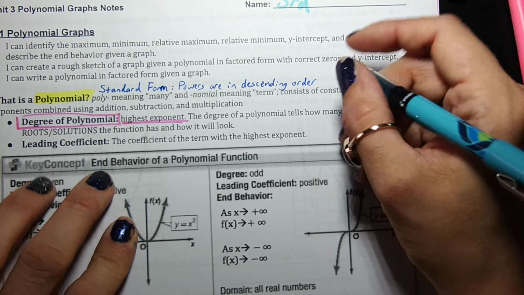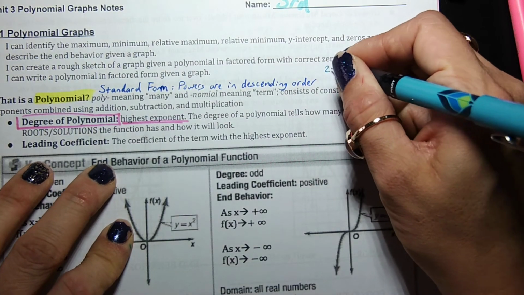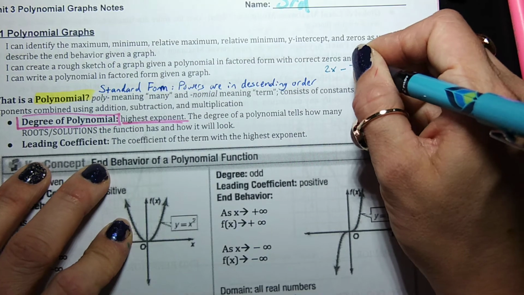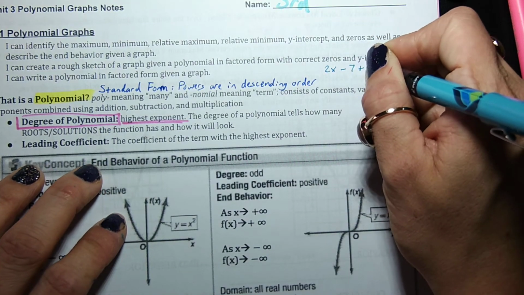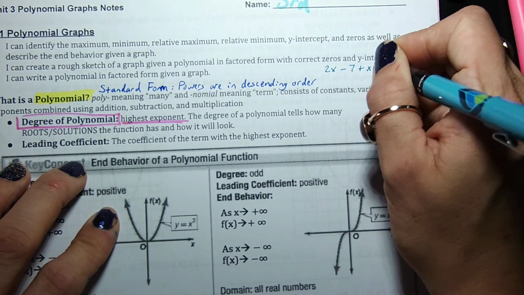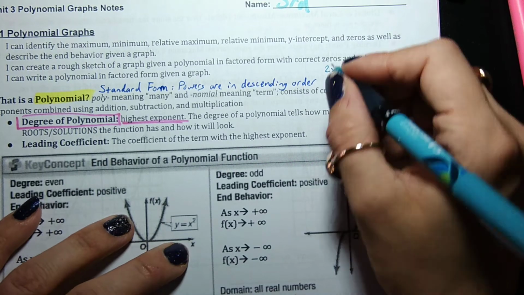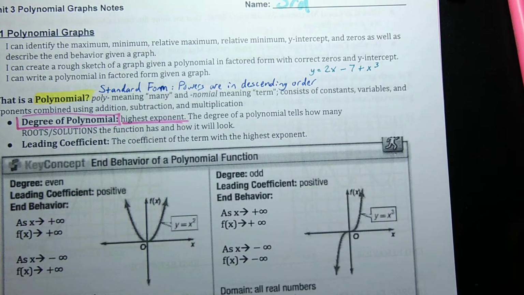So if I had 2x minus 7 plus x cubed, y equals, is that polynomial in standard form? No. So we can switch the order of these terms because they're all joined by addition and subtraction.